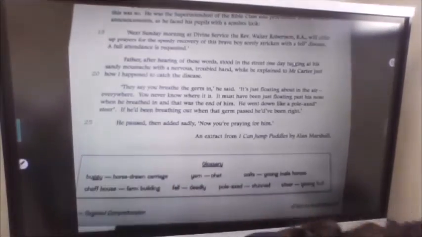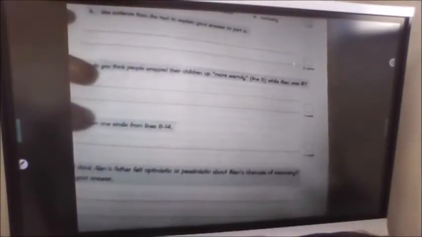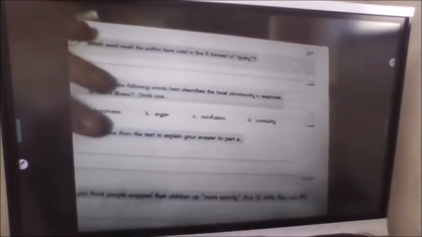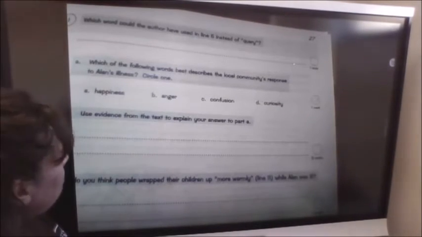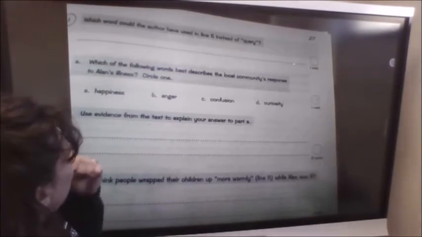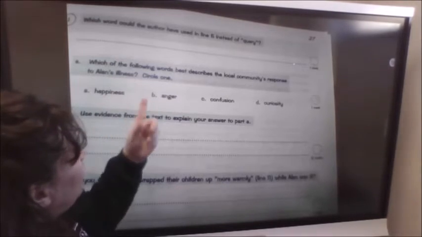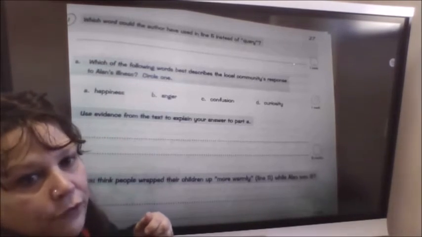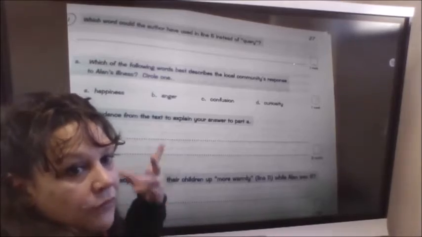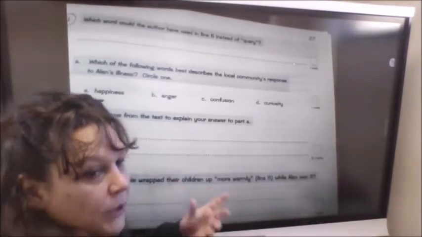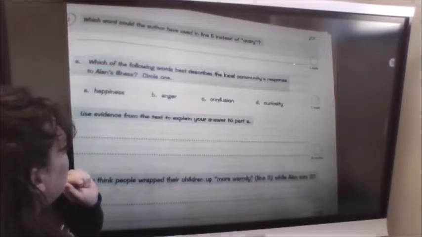So if we have a look at the questions that you've got to answer today, and you're going to be answering all of the questions today. So you'll be looking at page 27. So question 1 says, which word could the author have used in line 5 instead of query? Okay, now we've had a little look at some word work to start off with. That'll help you for number 1. So which of the following words best describe the local community's response to Alan's illness?